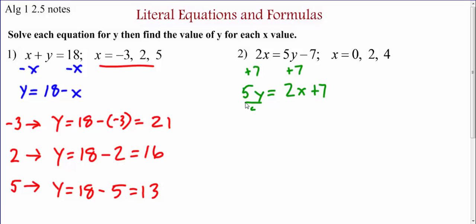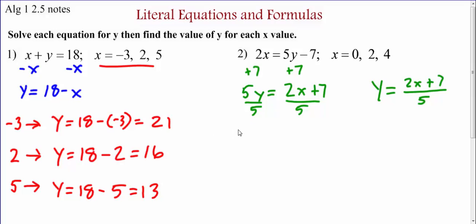And then, of course, we'd have to divide everything by 5. So our equation will look something like y is equal to 2x plus 7 over 5. Now we could separate that and make it 2/5 x plus 7/5, but I'm actually just fine leaving it the way we have it here. It might be easier for us to evaluate, which is what we're going to do.